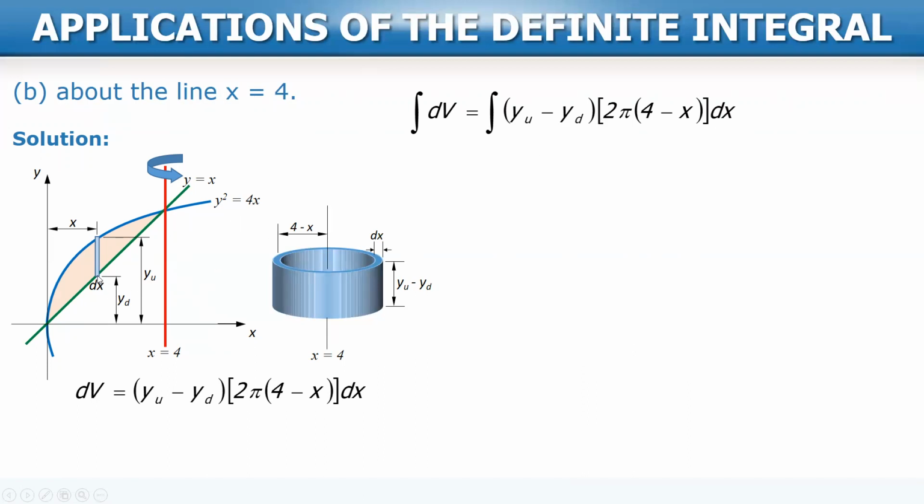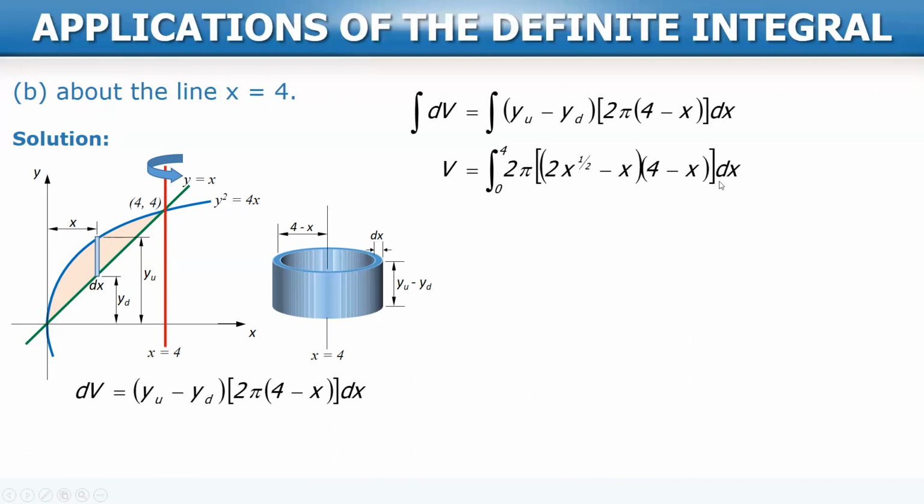Y down is the line, so it's simply x. We have this intersection point, 4, 4. Y up is the square root of 4x, or simply 2 times x raised to 1 half, or 2 square root of x, minus y down, the line, so y is just equal to x.